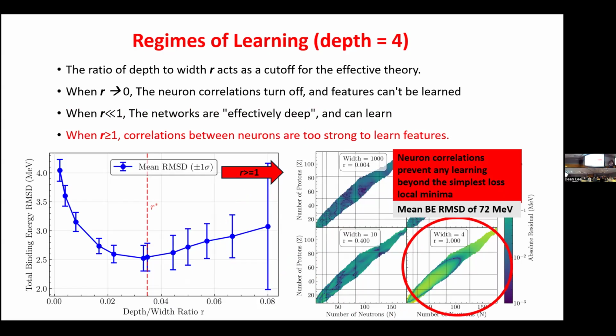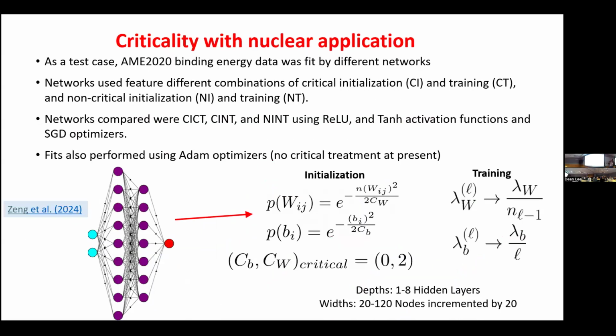The correlations between neurons are too strong to learn any features, and our analysis becomes non-perturbative. We can't just chuck out the higher order moments that are normally suppressed by powers of the width. So that's interesting. It gives us a prescription to build ideal networks in this case.